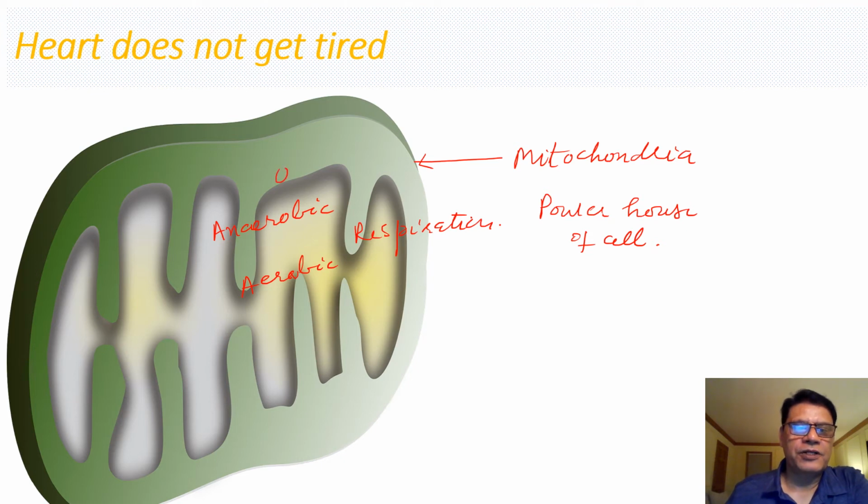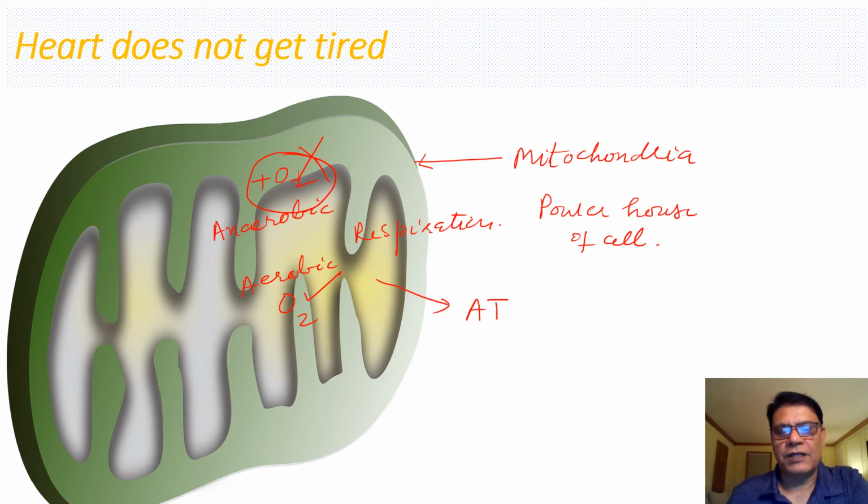Aerobic respiration is in the presence of oxygen, and anaerobic is the respiration without oxygen. These two processes, aerobic and anaerobic respirations, produce energy in the form of ATP, adenosine triphosphate, and this energy is utilized for the contraction of the heart and generation of the force.